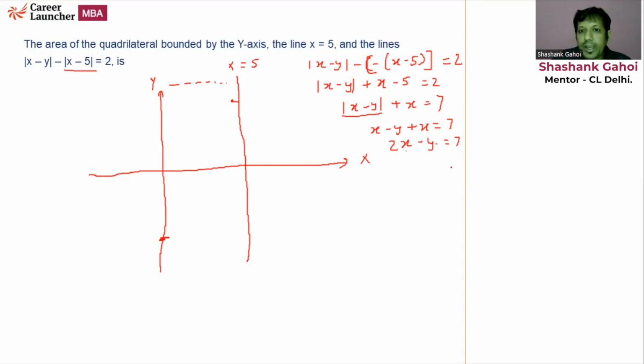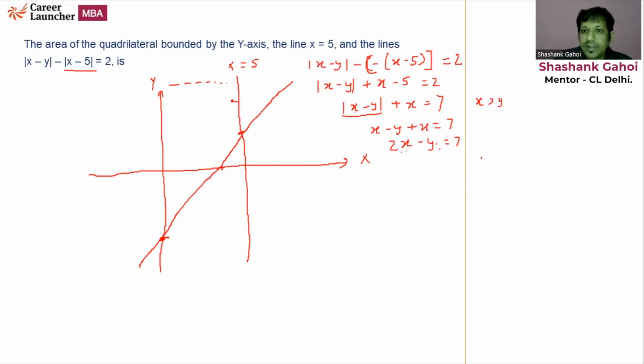So this is a point, and if y is 0, x is going to be 3.5. So I'm going to get a point somewhere here. If x is 5, then y is going to be 3. So the point somewhere here. So I am going to get a line that is something like this. So this is something we are talking about. Now here I have assumed that x is greater than y.